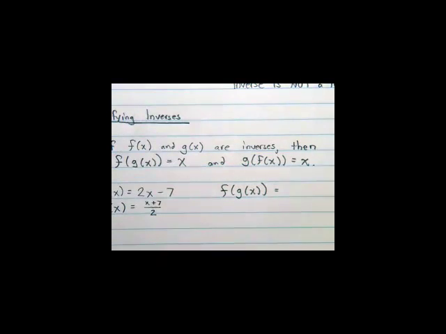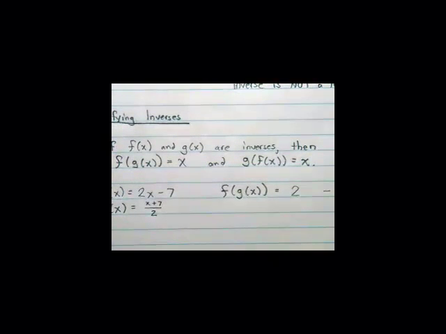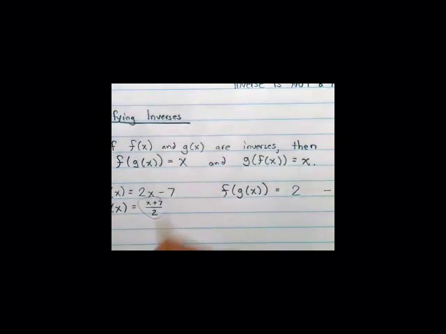So what I do is I just write out f of x, but be prepared to erase. I write out my f of x equation, and then I'm going to erase my x. And in place of x, I'm going to put the entire equation for g.